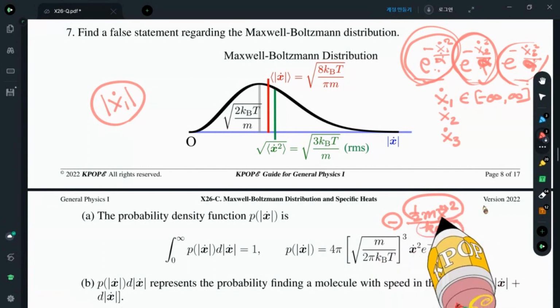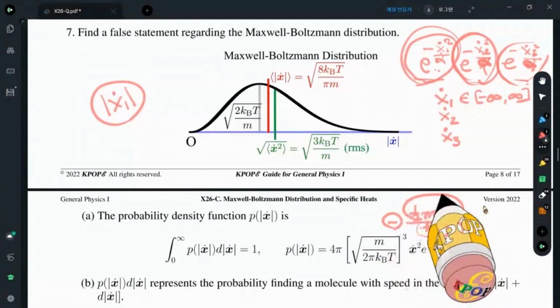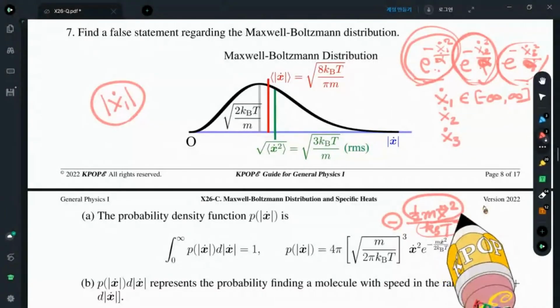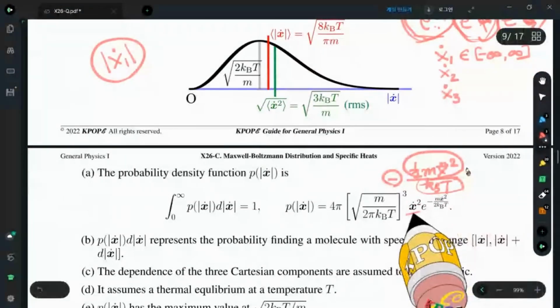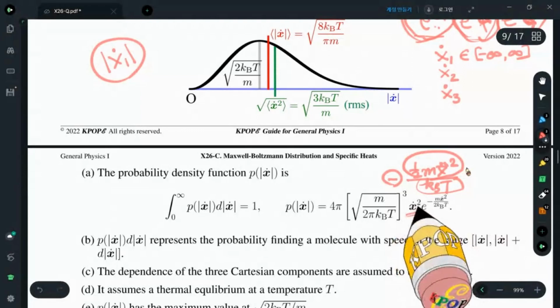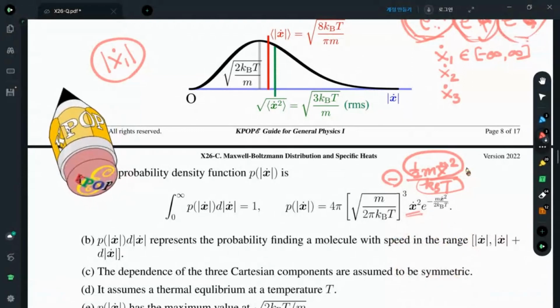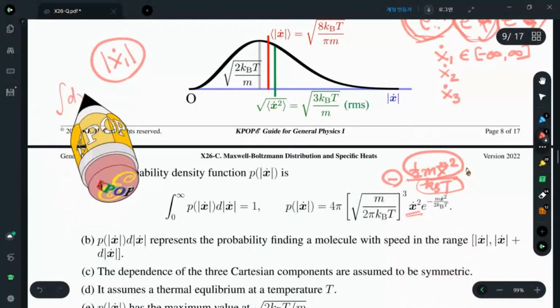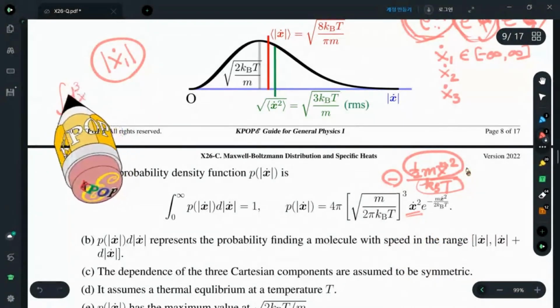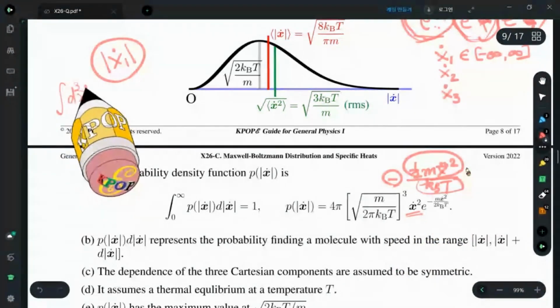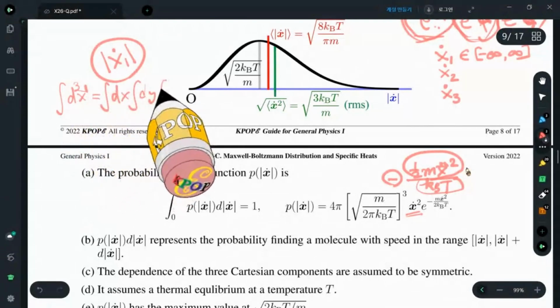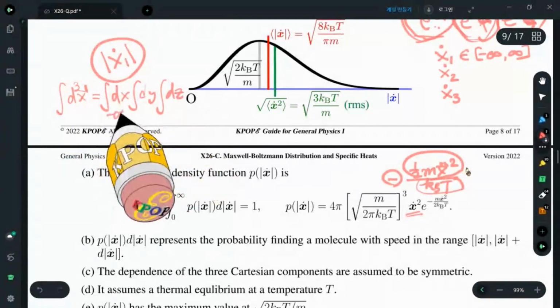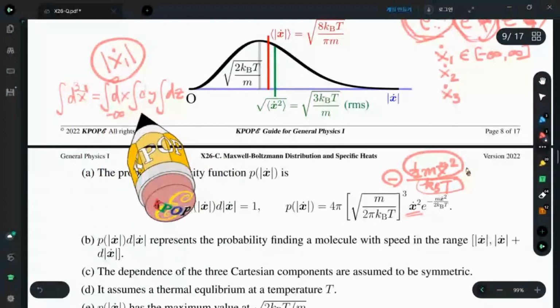Anyway, kBT has the energy scale, and one half m v squared also has the energy scale. So we have an additional factor as a Jacobian. This one is coming from, for example, the volume integral in three dimensions, dx dy dz from minus infinity to infinity.